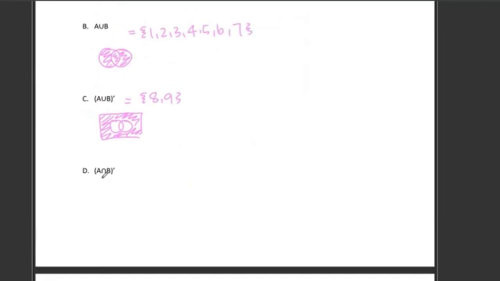D, we have the intersection of A and B, and we want the complement of that. So our intersection is this piece right here. If we take the complement of that, it would be everything except that intersection piece.